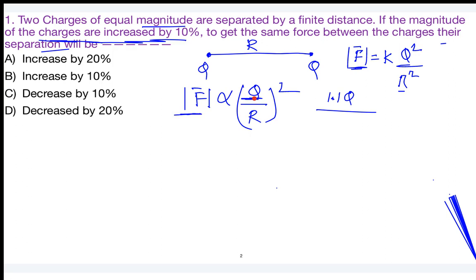If Q becomes 1.1 times Q, R also should become 1.1 times R, so the force is directly proportional to Q by R whole square. So if Q is incremented by 10%, R also should be incremented by 10% to keep F constant. So the answer is R also should increase by 10%.